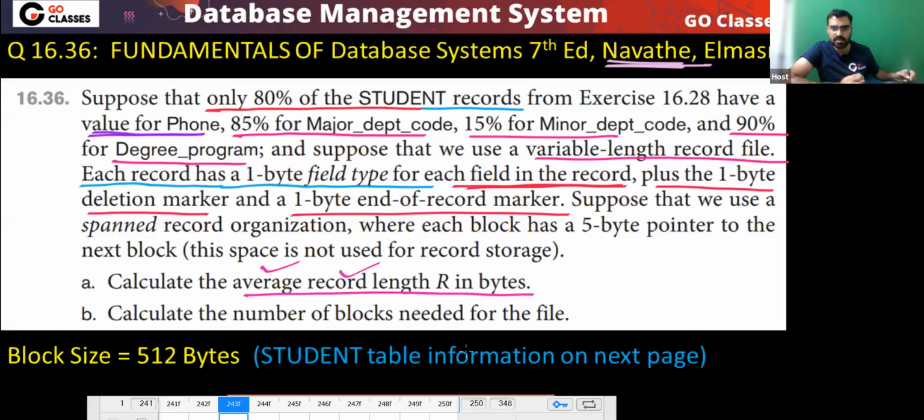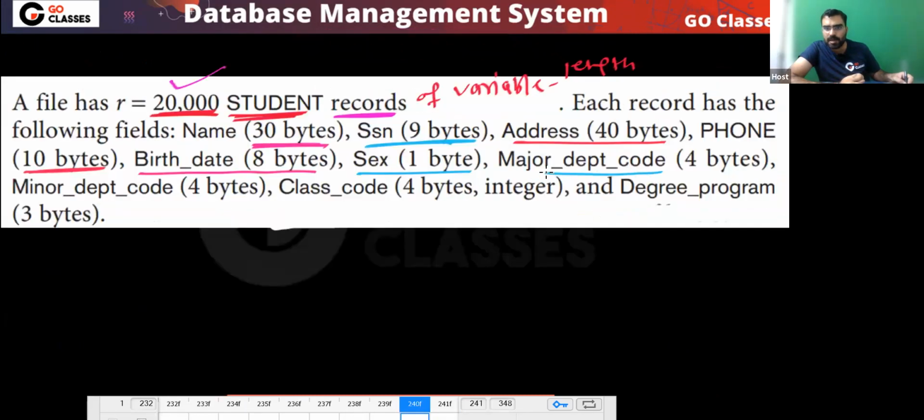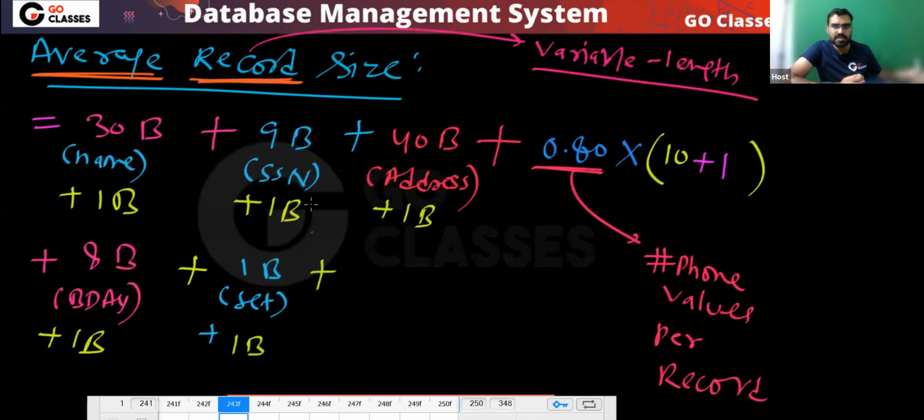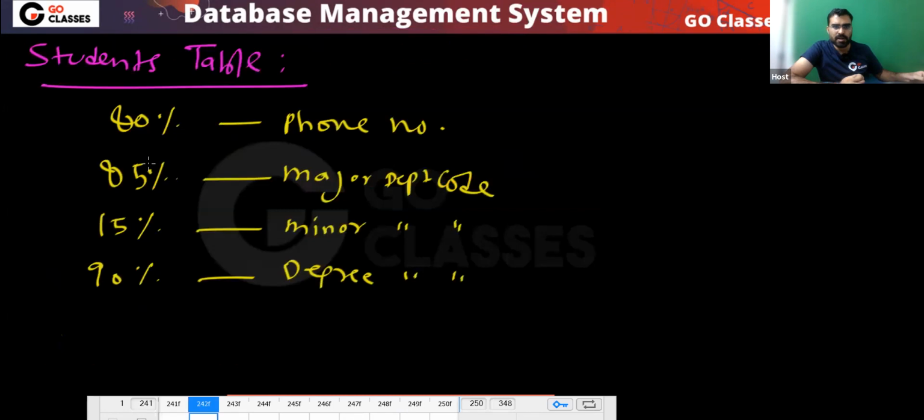Every record has this. Next, major department code, 4 bytes. What about this? Tell me. Major department code, that will be 0.85, because remember, 85% of people have a major department code.